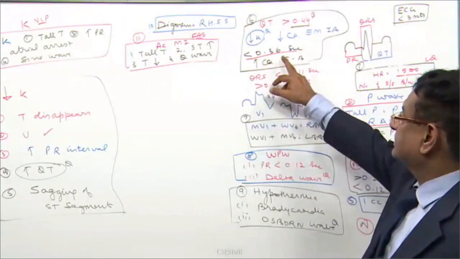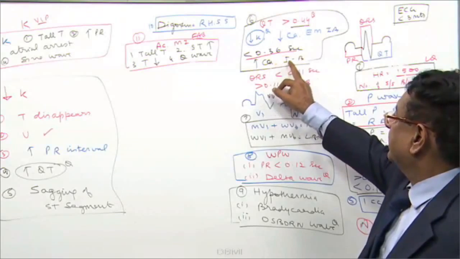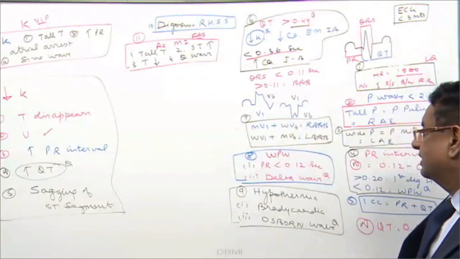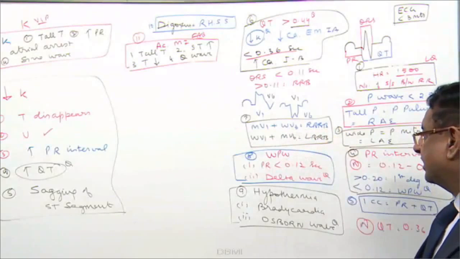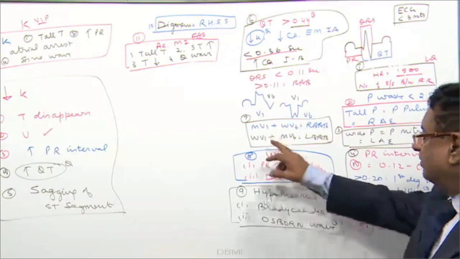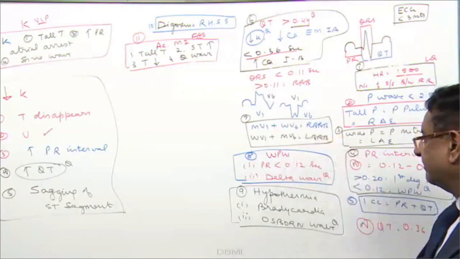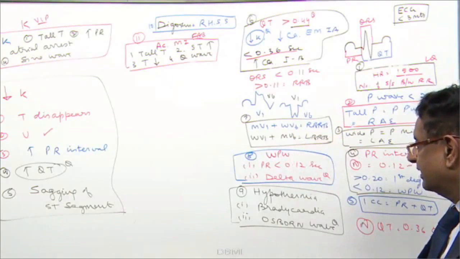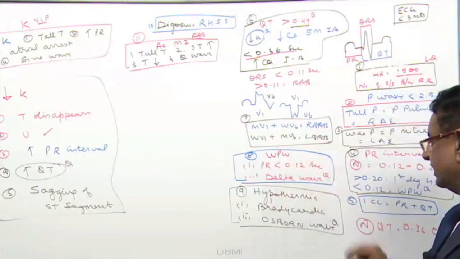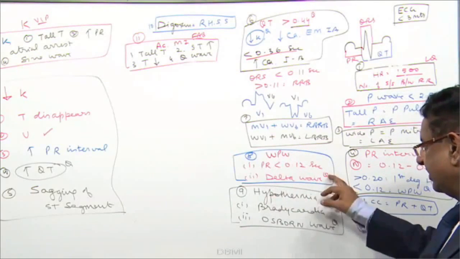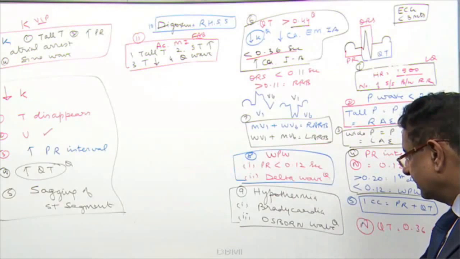Short QT interval is seen in hypercalcemia, class 1B drugs. M in V1, W in V6 is seen in right bundle branch block. W in V1, M in V6 is seen in left bundle branch block. In WPW syndrome, short PR less than 0.12 and delta wave are seen.